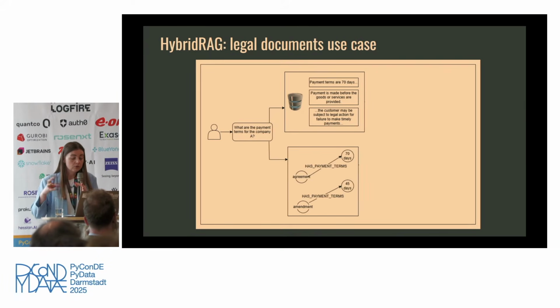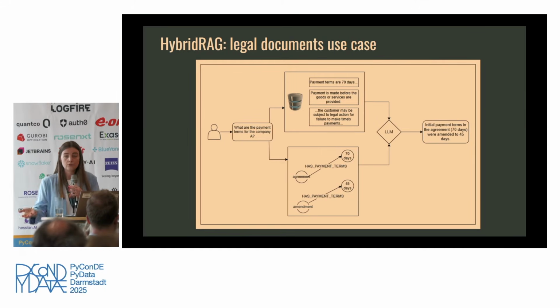And we have a call to our graph, and we get triplets: the agreement has payment terms of 70 days, and the amendment, which alters the agreement, has payment terms of 45 days. These two calls can be done in parallel and then returned to the LLM, and the LLM can use them to get additional insights and understand that there was an agreement and there was an amendment, and the actual payment terms are 45 days, which may matter depending on whether your company is happy or not with that.